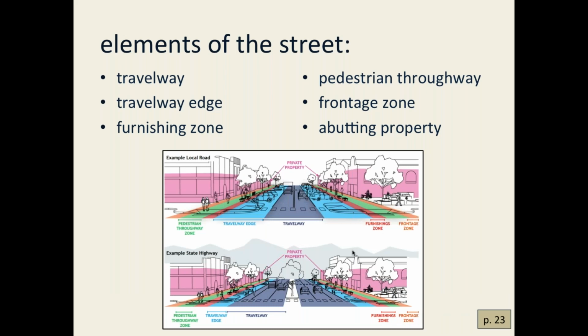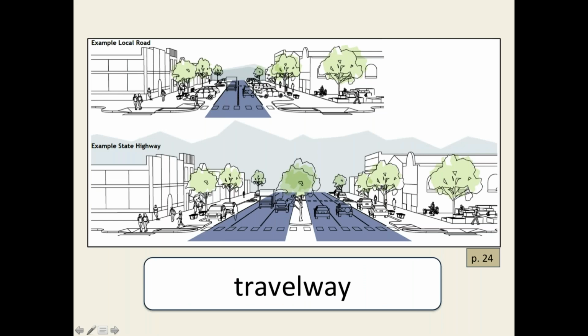So from here, we're going to drill down in the final section of this on a little bit more technical detail on the elements of the street. The manual is organized around these 6 elements, which are shown horizontally in these images here, and we'll just go through them quickly. The first is the travel way, which is where the moving vehicles are.